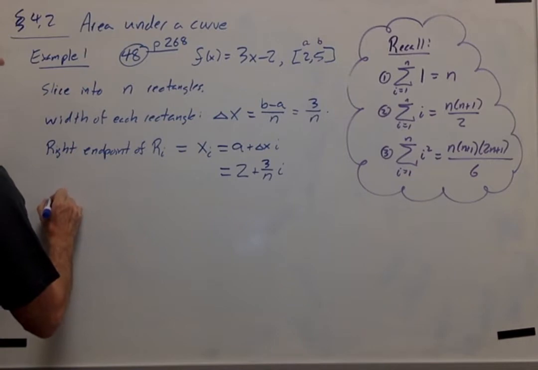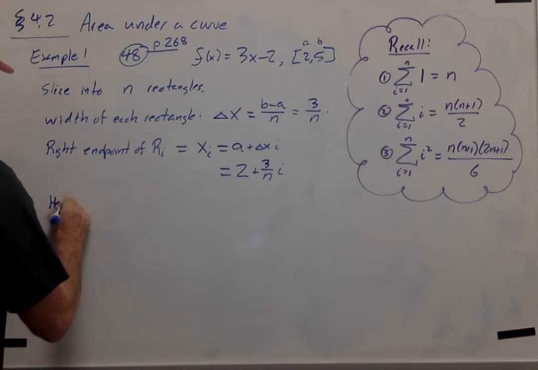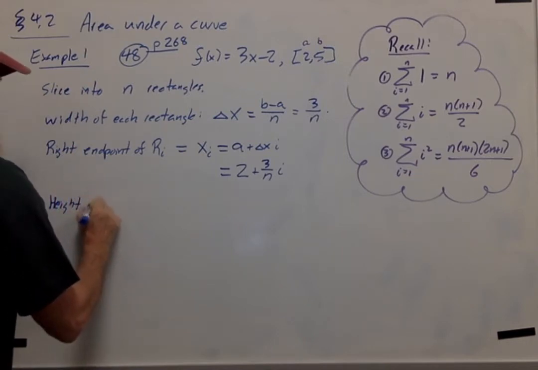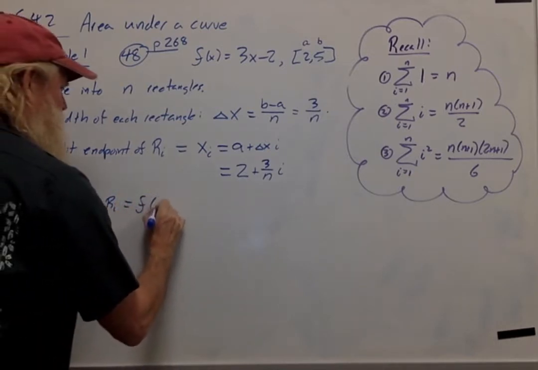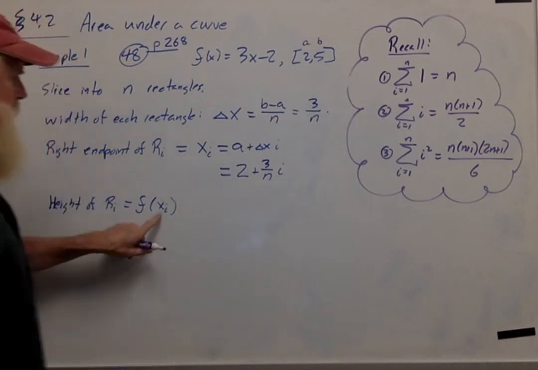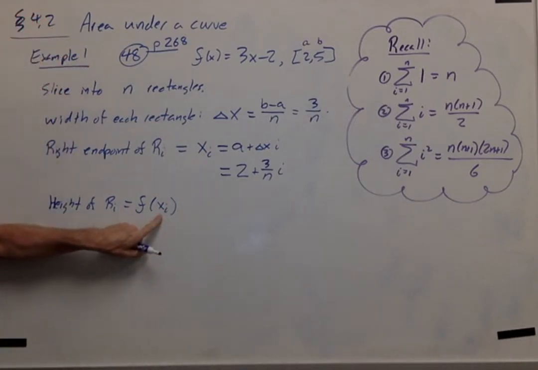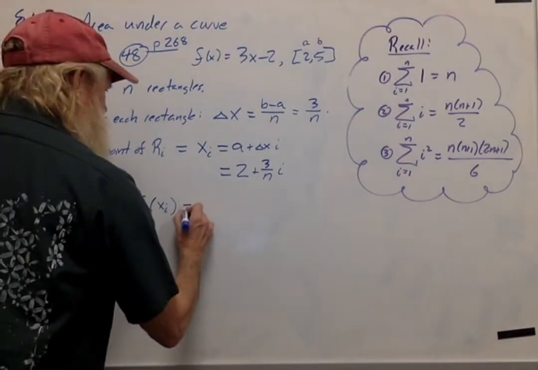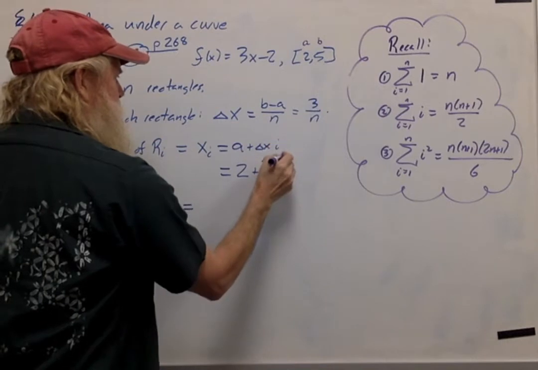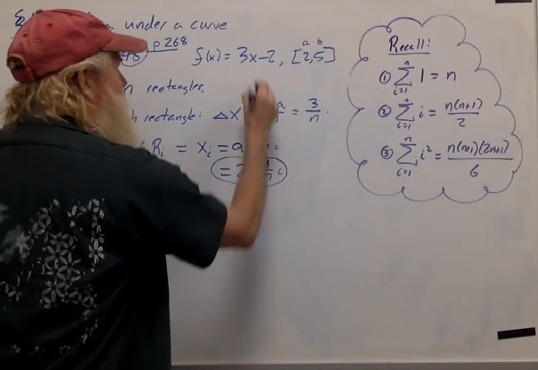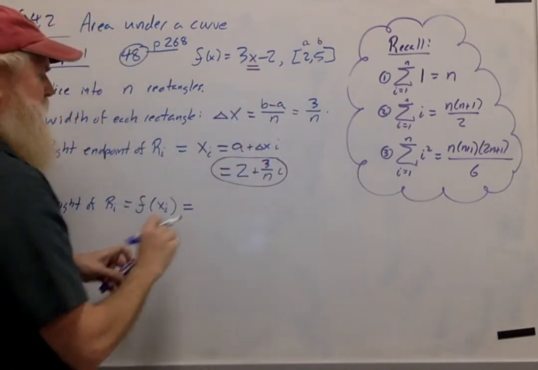Using the right endpoint approximation, the height of R sub i will be f of x sub i. I'm going to plug the right endpoint of R sub i into the function f to get the height of that rectangle. So I'm going to substitute x sub i into f.